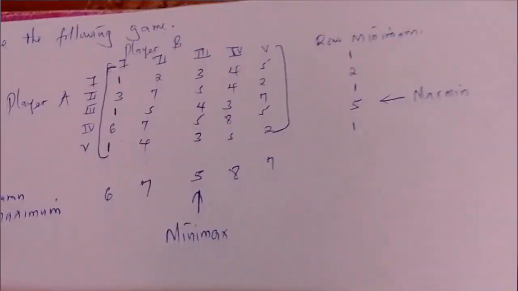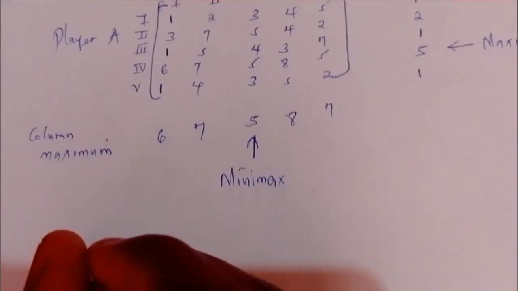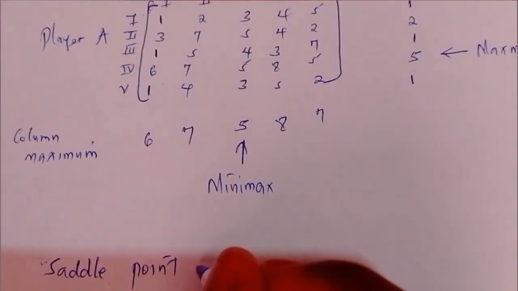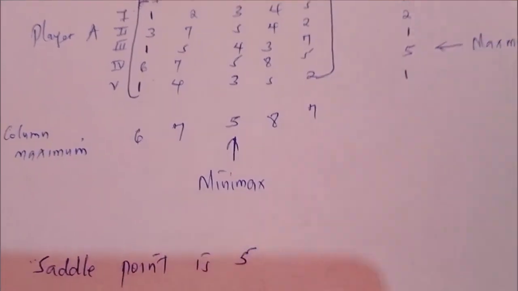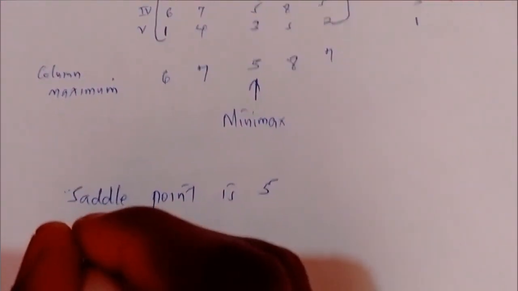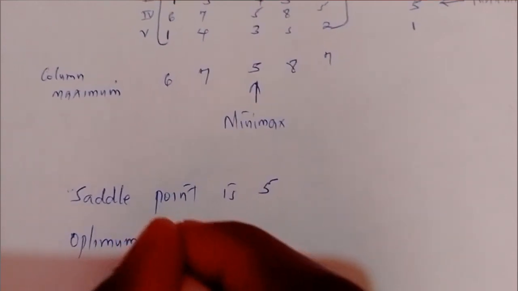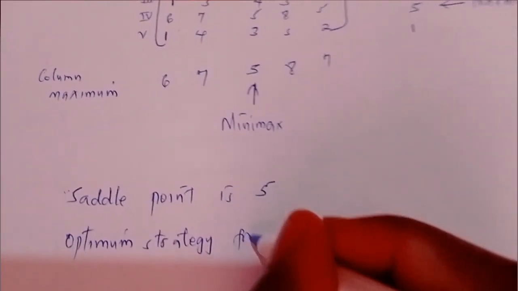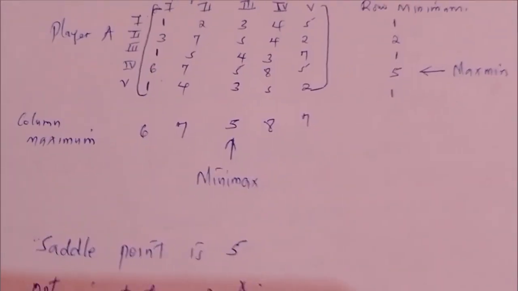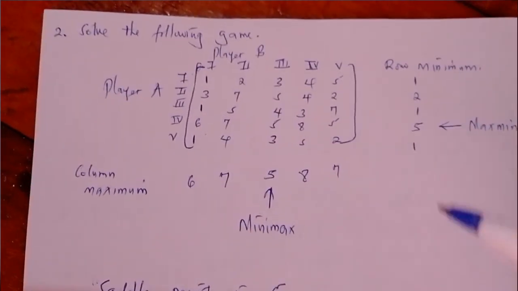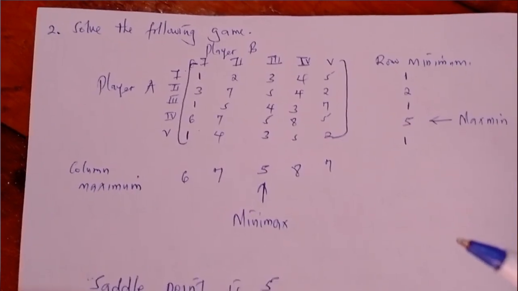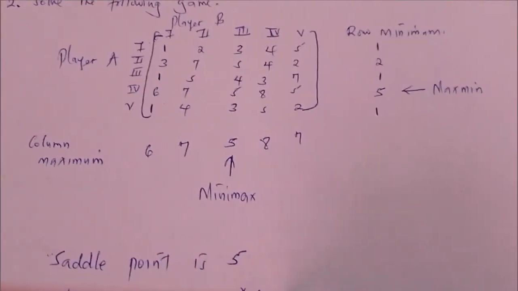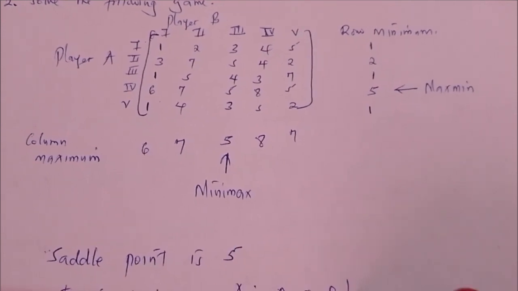And now we can say that the saddle point is 5. The optimum strategy for A, we have 0, 0, 0, 1, 0.